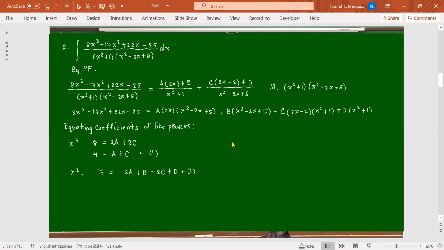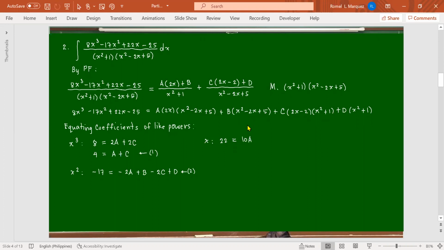What about equation number 3 that we can have? So for x, 22 is the numerical coefficient on the left side. On the right side, the linear x, we have 10ax, so the numerical coefficient is 10a.